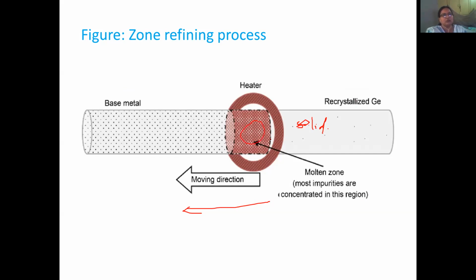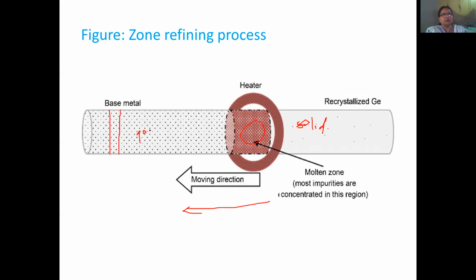Likewise, they push the melt to the corner, and then they cut. Suppose this melt is now in this part. Till here the rod is cut, and this will be around 99.99% pure.